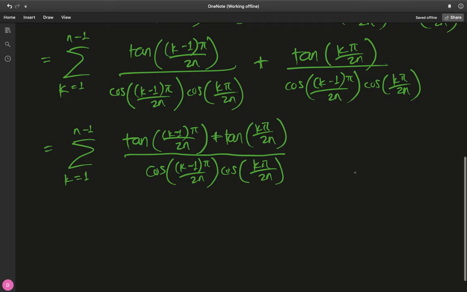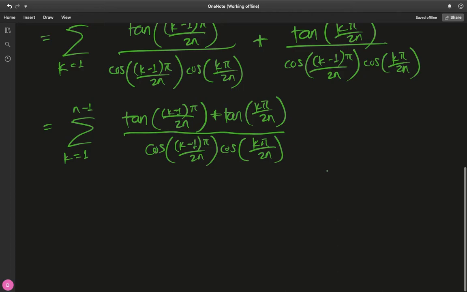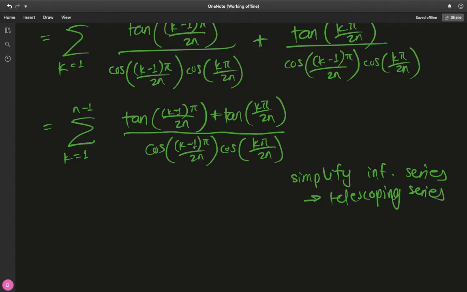Now here is an excellent observation, and this actually arrived to me late when I was trying to calculate this sum. One principle of simplifying infinite series like this is to convert it into a telescoping series. And telescoping depends on what type of series we have.